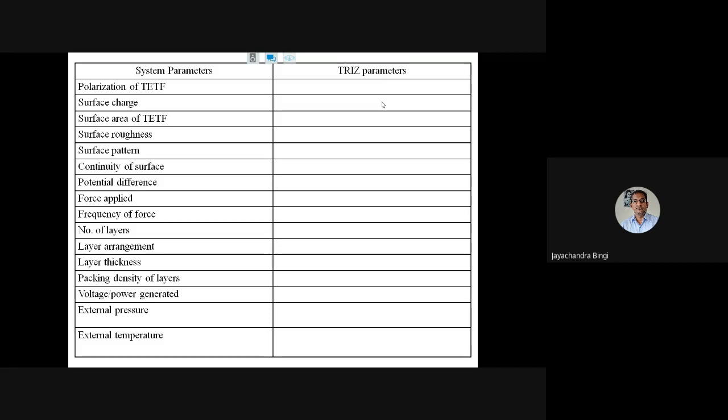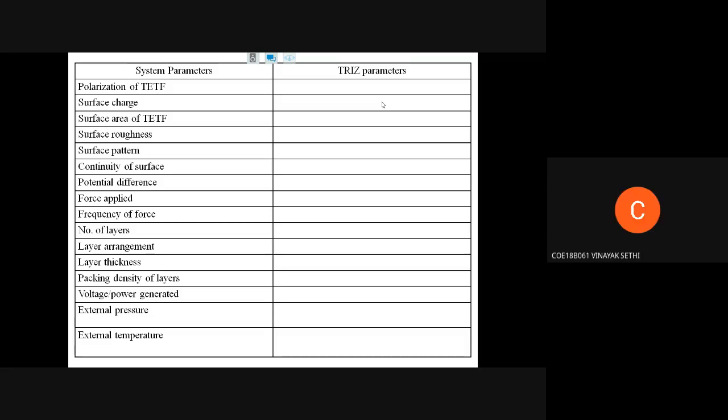So number of cycles per second, number of iterations per second, like that. You will define frequency as the number of force applications per second. So which parameter will you apply here? Maybe power.